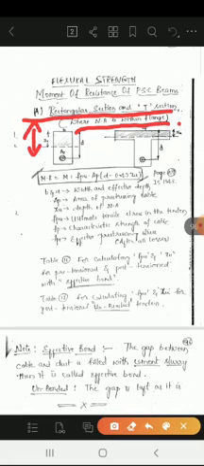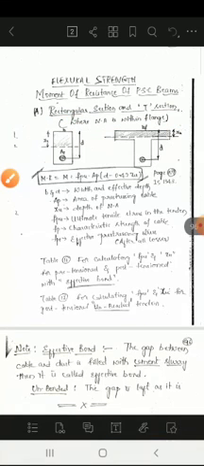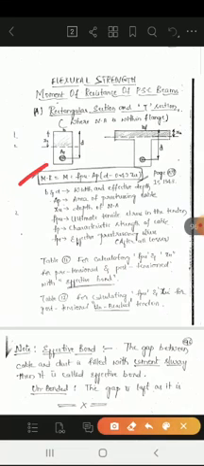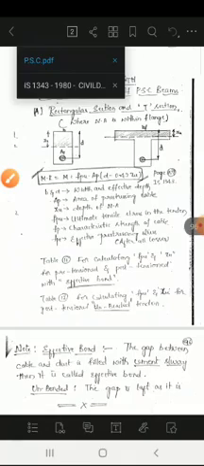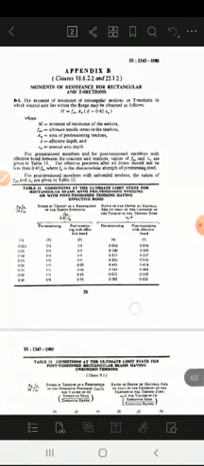For calculation of the moment of resistance, the direct formula on page 59 of IS 1343 is M equals FPU into AP into the bracket of D minus 0.42 XU, as you can see in IS 1343 1980, page number 59.